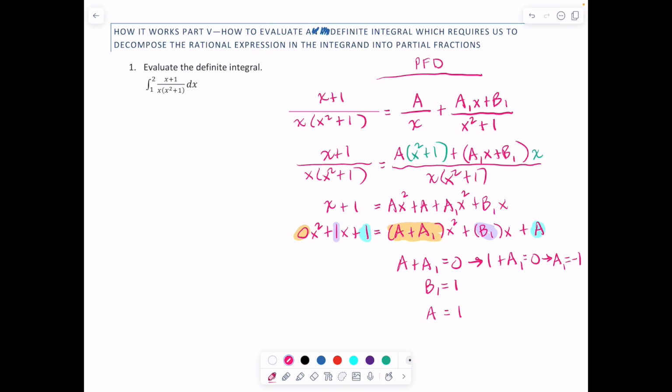And now we have all of them. So a is 1, so we'll have 1 over x, and then plus negative x plus 1 over x squared plus 1.